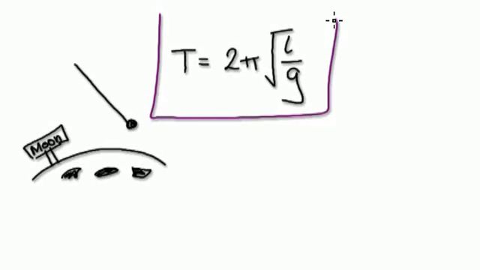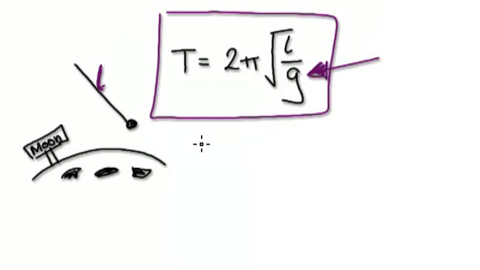So here, given this formula here, you could actually work out the length of the string. Last time I showed you how to work out the gravitational pull of the planet. Now suppose you want to know the length of the string. You know what g is on the moon. You know how long it takes. You can actually work out the length of the string.